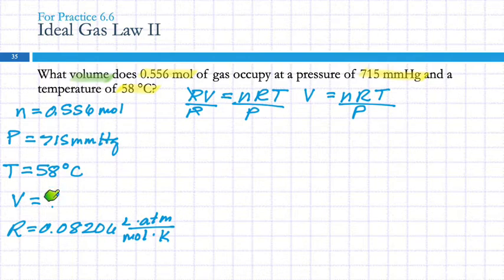Are these the right units to use? No. Moles is fine, but millimeters of mercury isn't going to work, and degrees Celsius isn't going to work. Let's convert them before we stick them in. So millimeters of mercury to atmospheres.